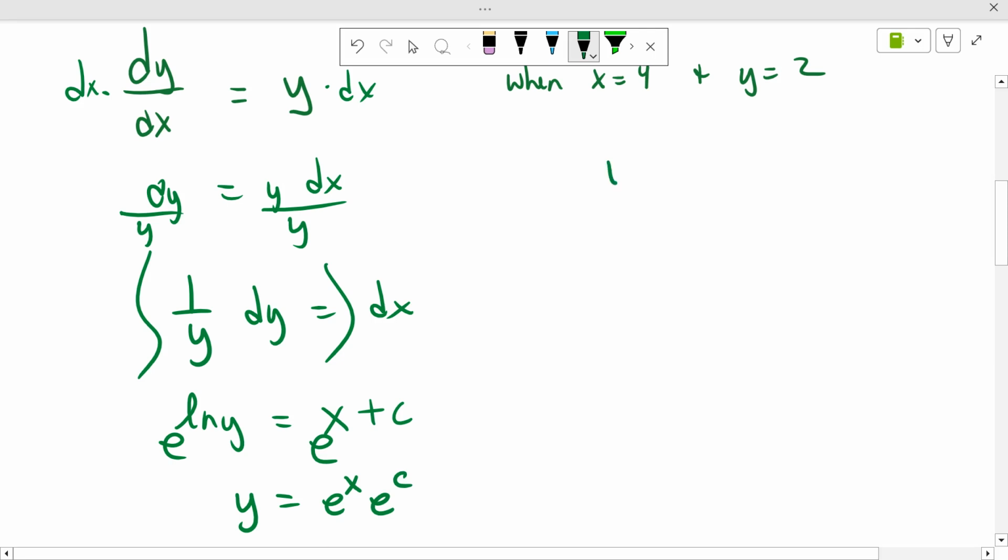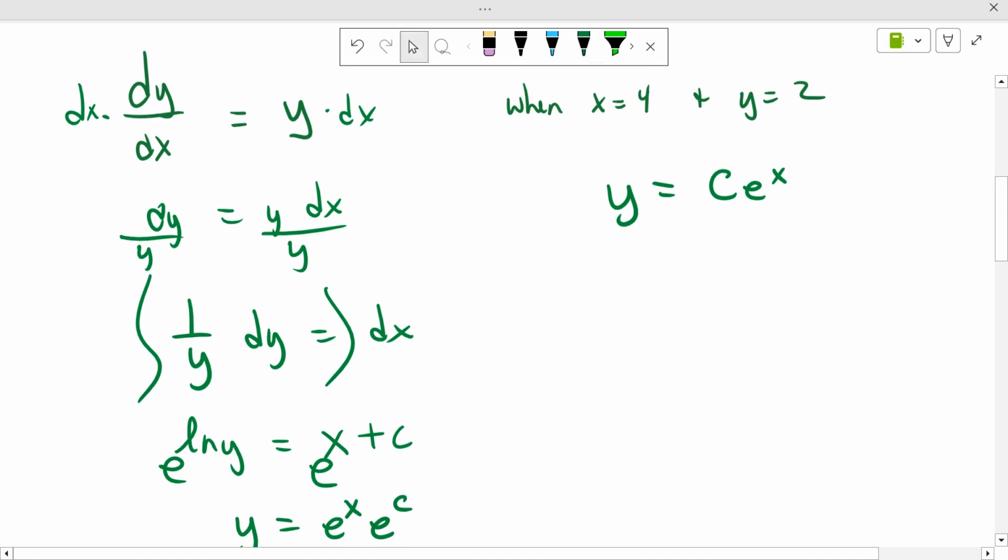C. So y equals c e to the x. Now, when x is 4 and y is 2, what is c? Well, 2 equals c e to the 4th. So c equals 2 over e to the 4th.